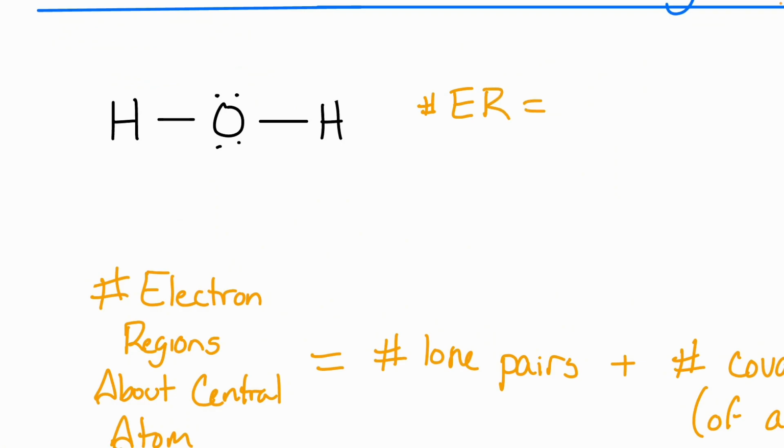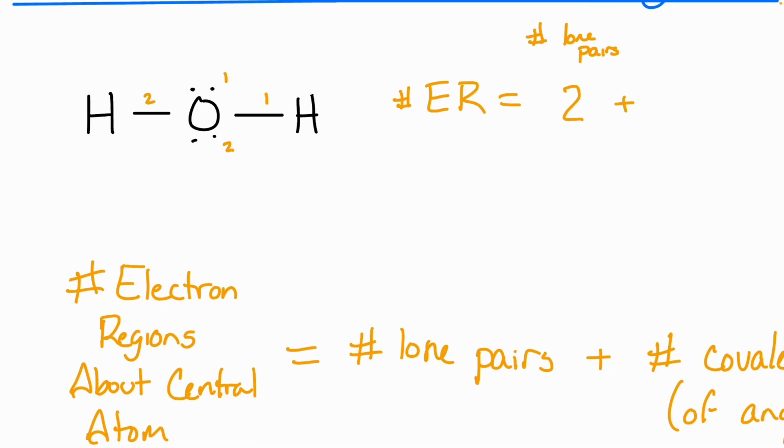I have 1, 2 lone pairs, so my number of lone pairs is 2, plus 1, 2 covalent bonds, bringing me to a total of 4 electron regions. We'll talk about how I'm going to turn this into my geometry in a second, but this is the one skill that we need down first before we can move on and look at geometries of molecules.